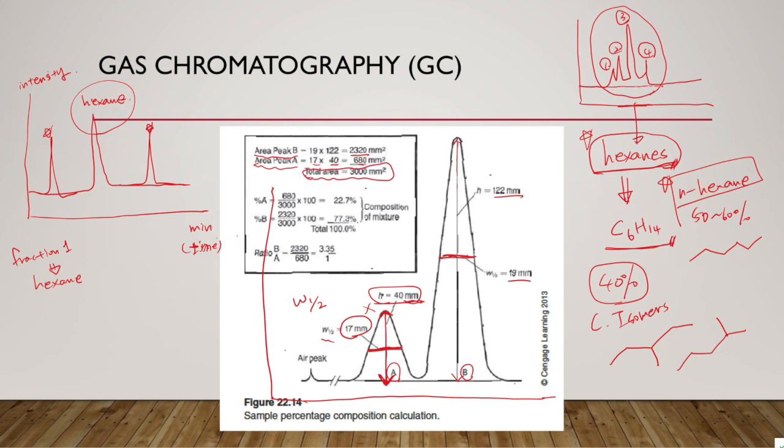In order to find the percent composition, all you have to do is divide the area of the peak by the total area, and times 100 gives you 22.7% for the peak A, and then 77.3% for the peak B. That gives you the total 100%.